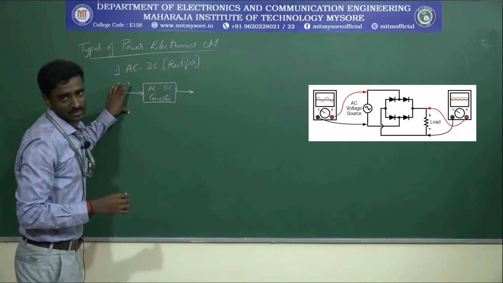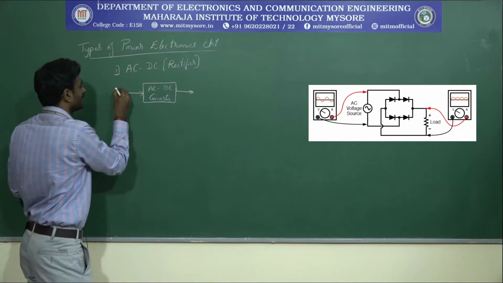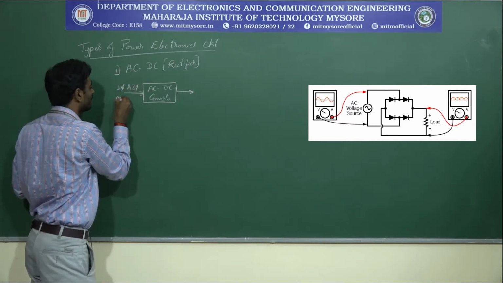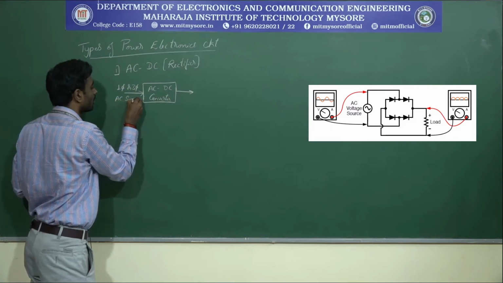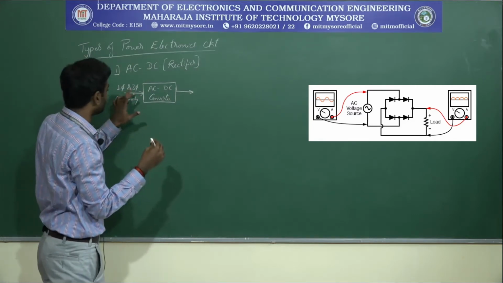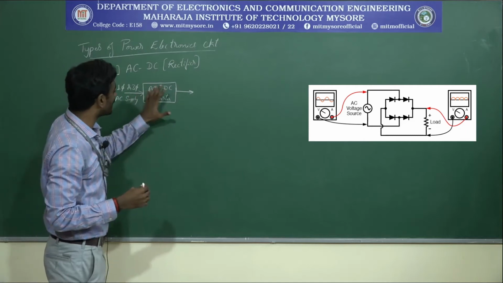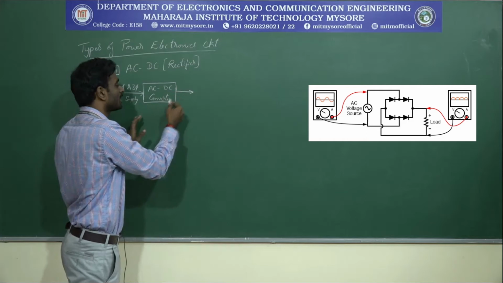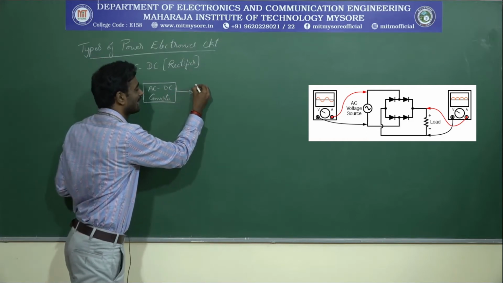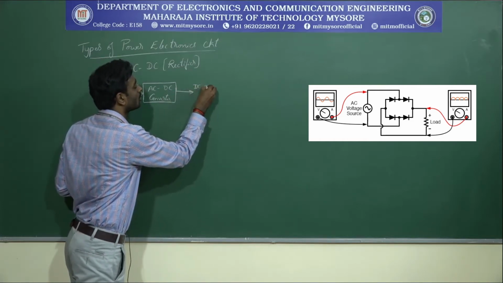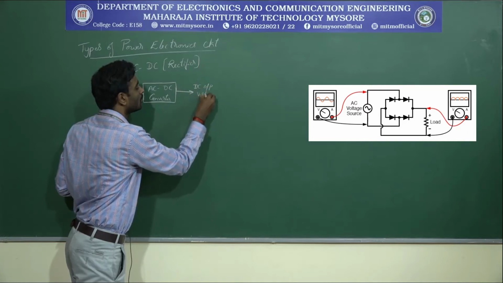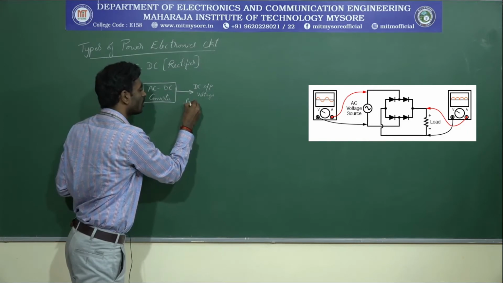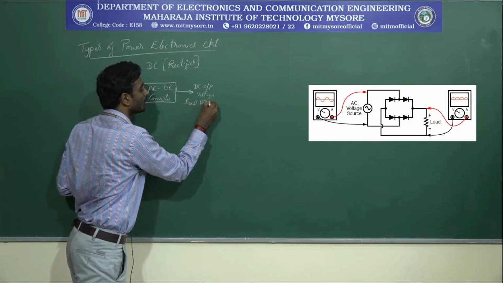The input will be a single phase or 3-phase AC supply, which will be converted from AC to DC with this circuit, and based on this I will get a DC output voltage, where this output voltage is fixed, or it can also be a variable one.